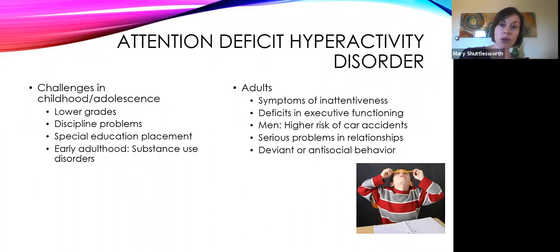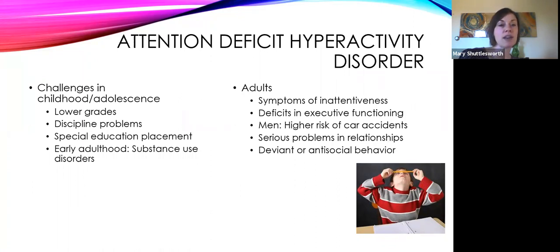As we move into adulthood, though, the symptoms still typically continue. So now we do recognize that adults can still show those symptoms of inattention. As an adult, this could manifest as maybe I forget to do a particular project for work or something like that, or I miss a deadline to pay a bill or something of that nature. There are also deficits in executive functioning.